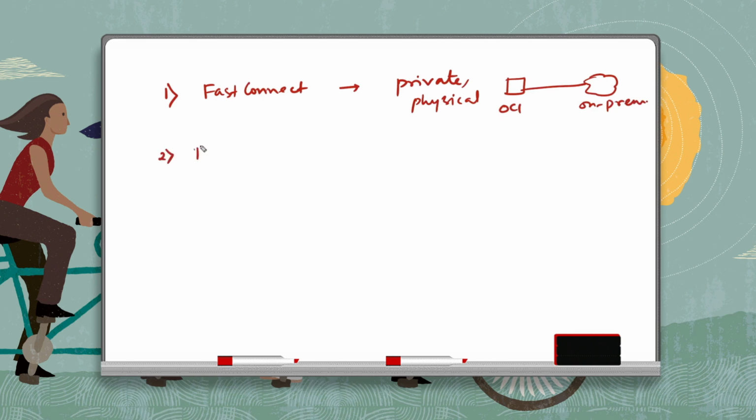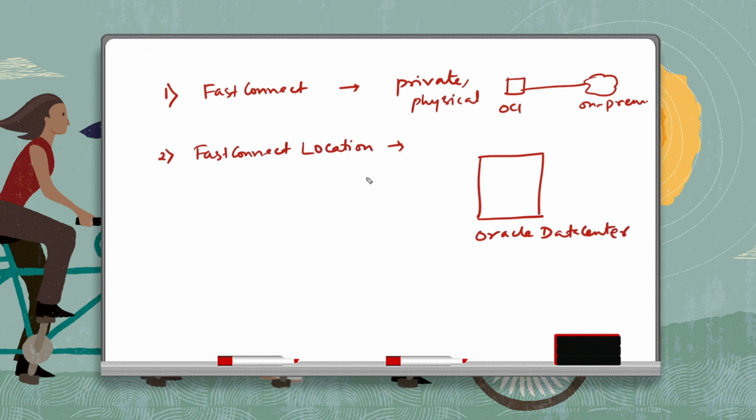Now the second concept is with respect to Fast Connect location. So this Oracle Fast Connect location is an Oracle data center where you can connect to Oracle Cloud Infrastructure. The third concept is metro area. What is this metro area?